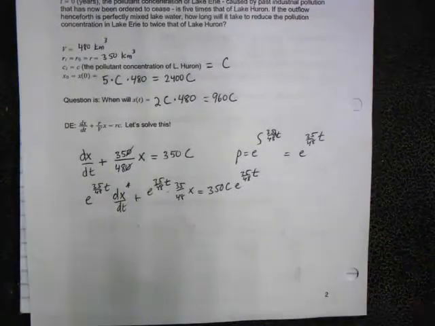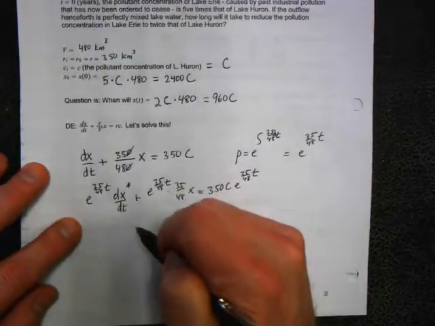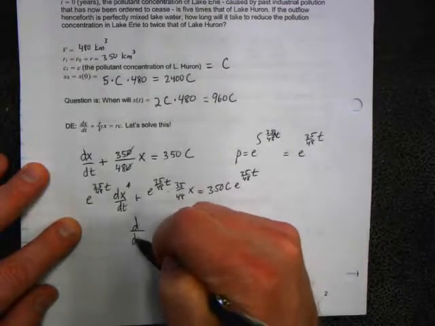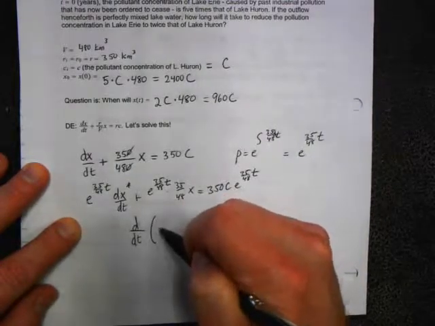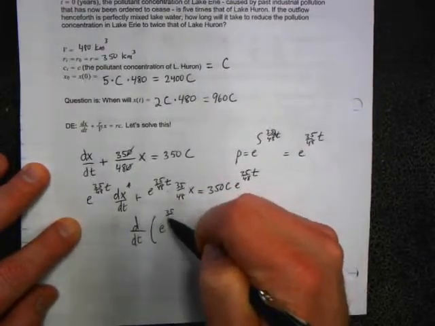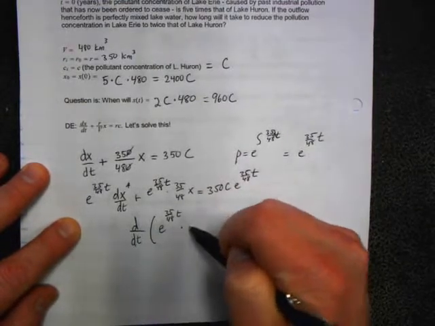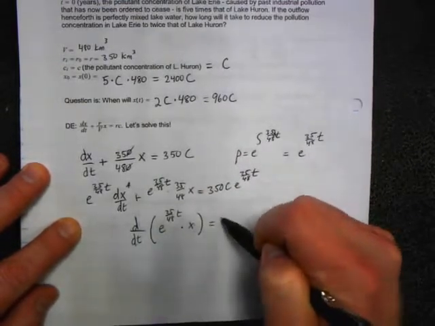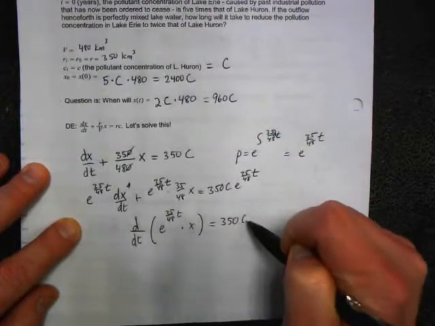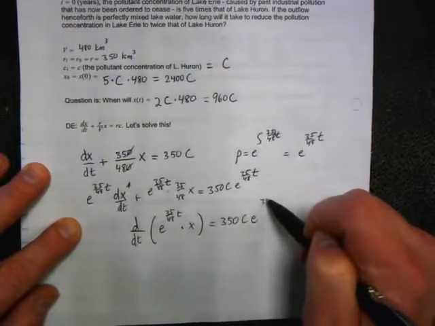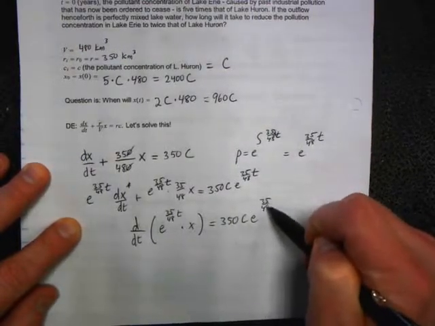Assuming I did everything correctly, the left-hand side should be the derivative, d/dt, of our rho, e to the 35 over 48 t times x, equals 350c times e to the 35 over 48 t.